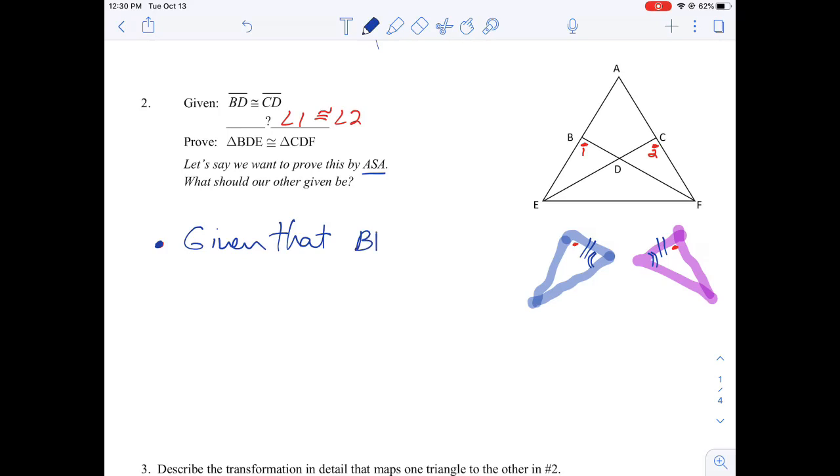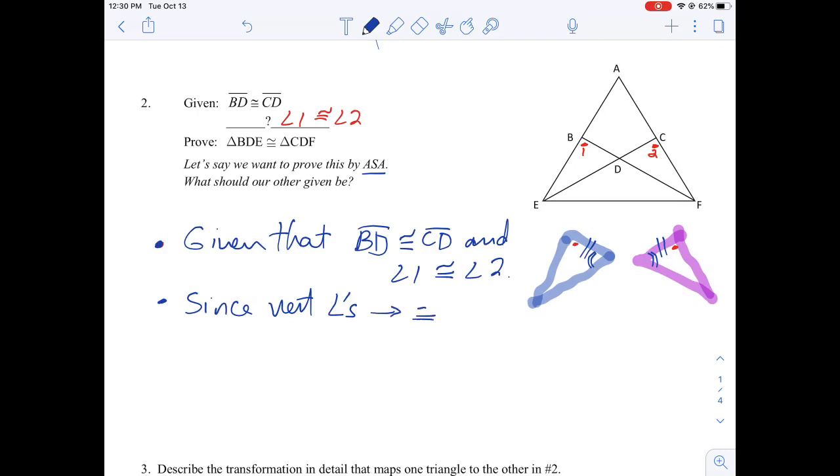Given that BD is congruent to CD, and angle 1 is congruent to angle 2. That's our given statement. And then we can say, since vertical angles imply congruent, notice I'm just doing it like we would speak as opposed to a 2-column format.